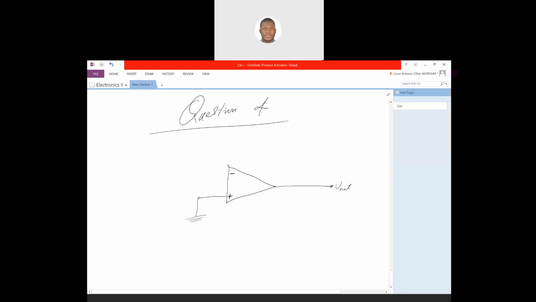Now this section has a resistor, and then there is a feedback loop from here to that place.